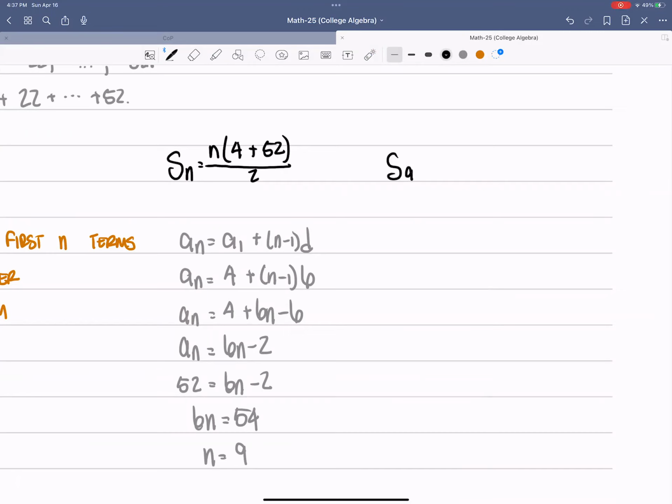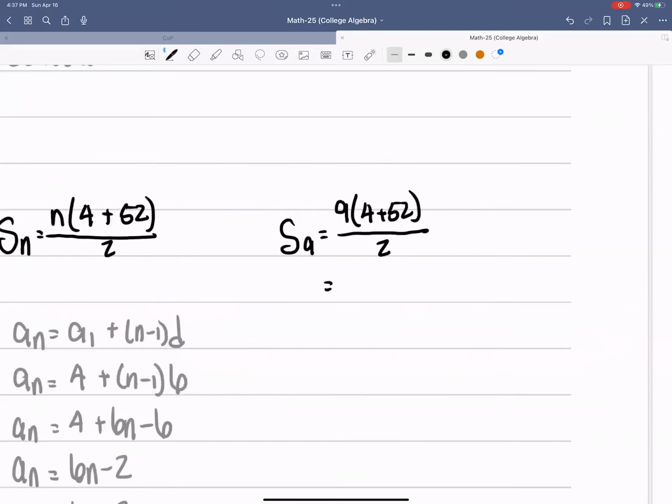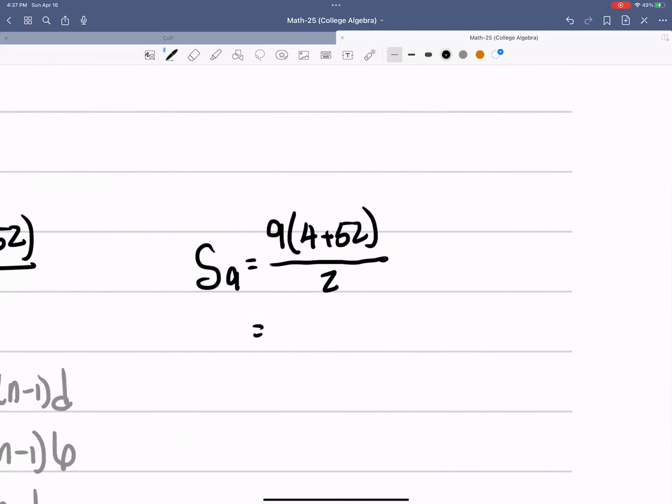So S sub 9, since n is equal to 9, is 9 times 4 plus 52, and dividing that by 2. We keep simplifying. We have 9 times 56 divided by 2. 56 is divisible by 2, giving 28.